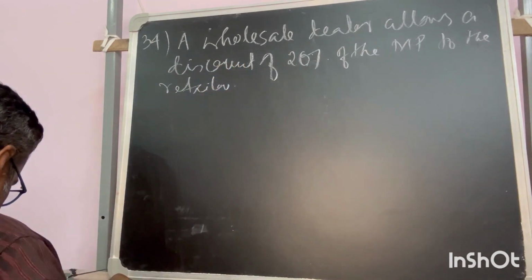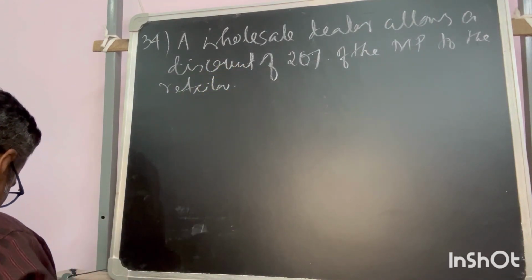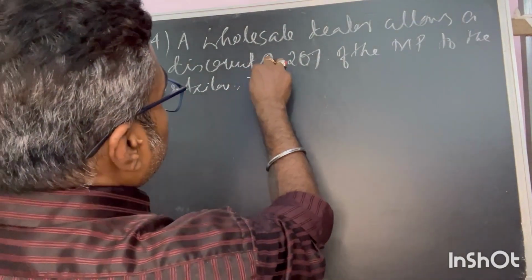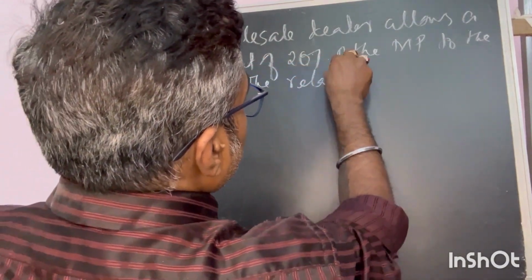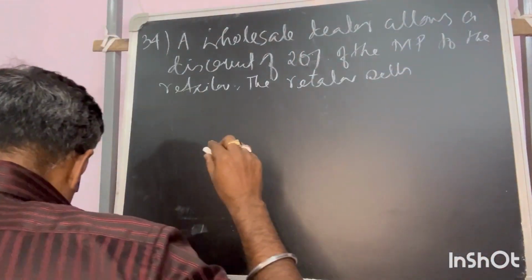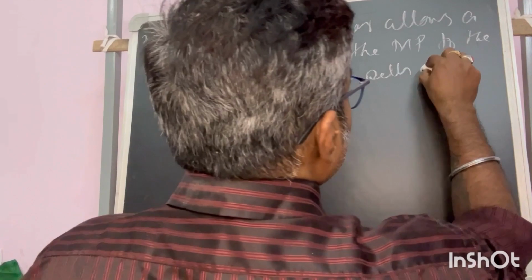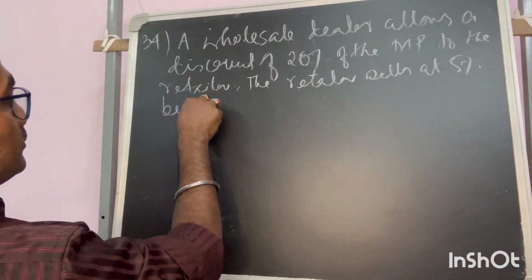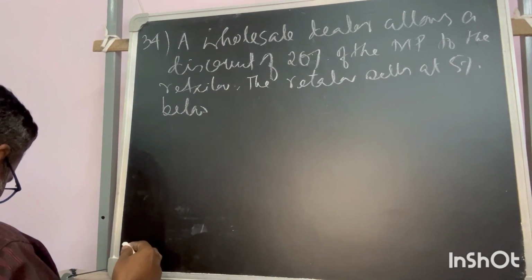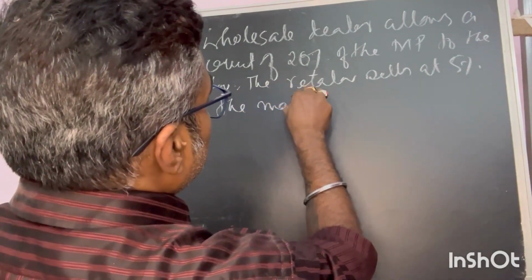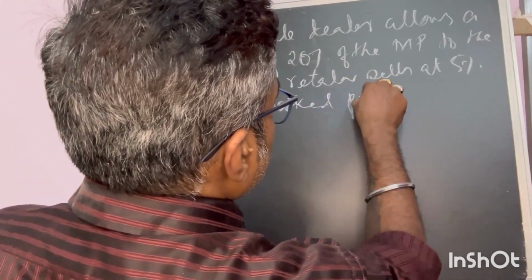The retailer sells at 5% below the market price.